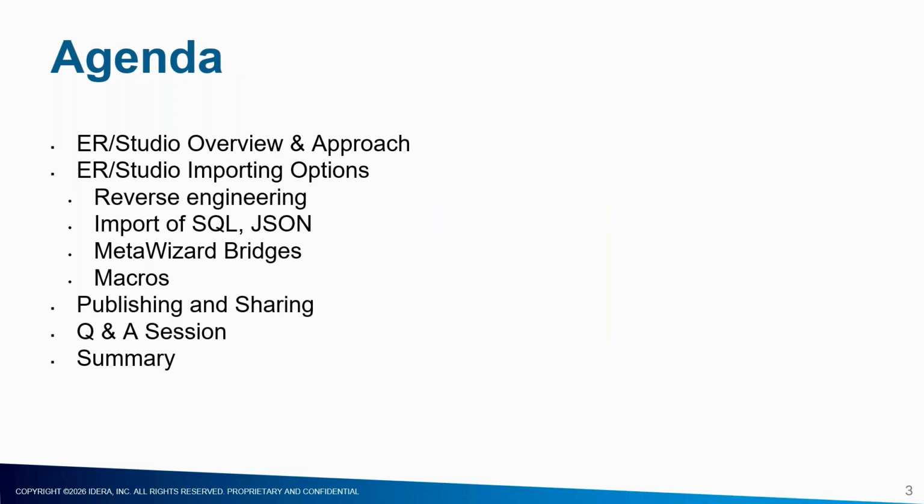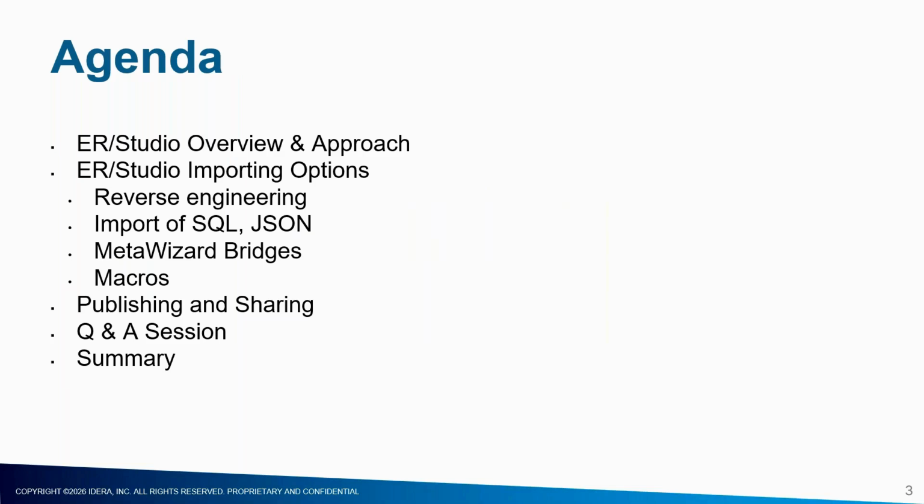We're going to start with how we can connect directly to data sources, in particular databases, and reverse engineer information. I'll also talk about the way in which we can do a direct import of a SQL file or other standards like a JSON file. Probably spend most of the time examining a few of the different MetaWizard bridges that we have as options.